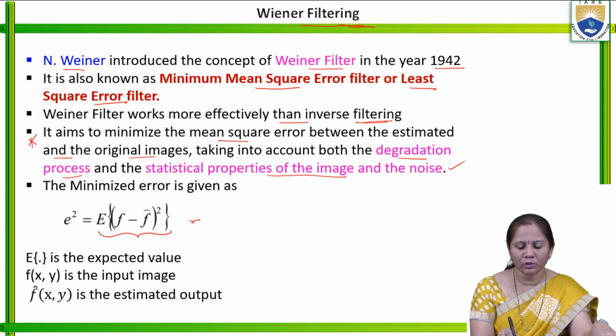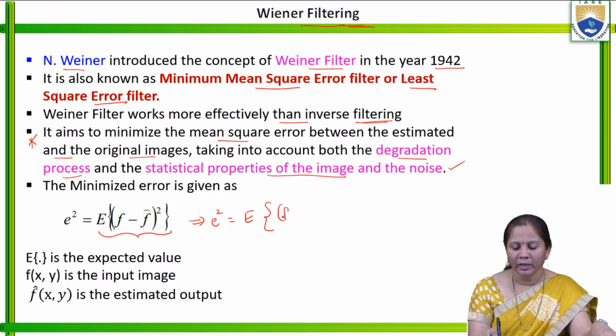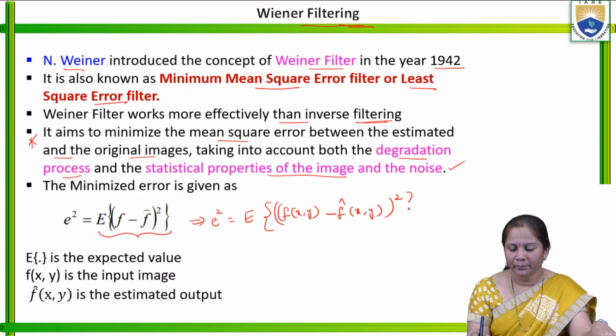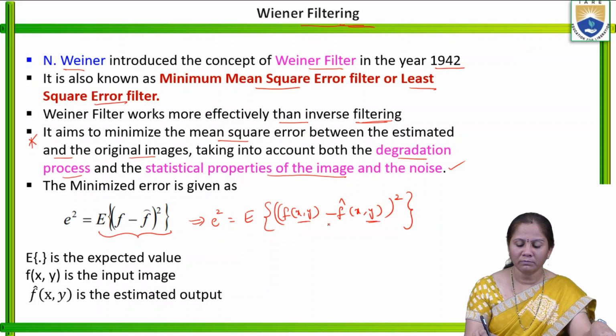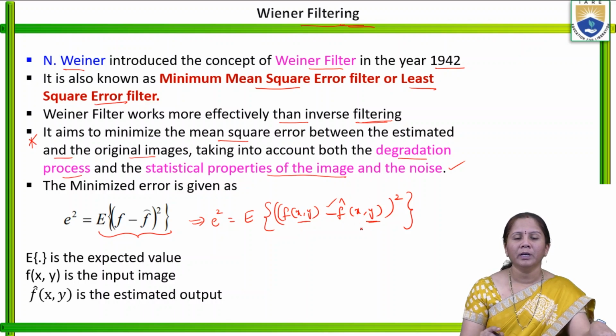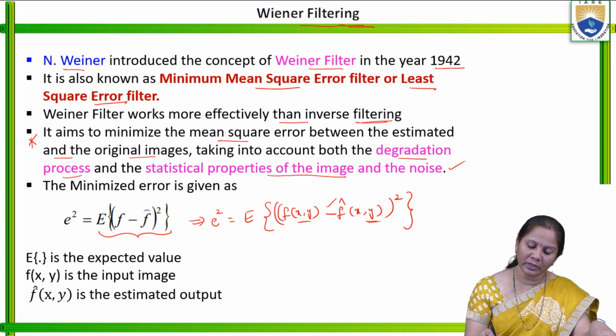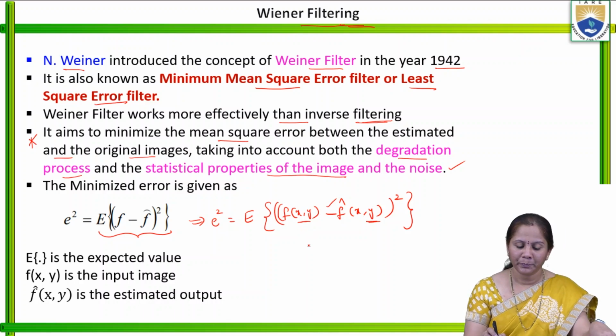This can also be represented as e square is equal to E of (f of x comma y minus f cap of x comma y) whole square. The same thing can also be represented with coordinates. Mainly, we can observe this difference: it is going to minimize the difference between this estimated output and the input image f of x comma y.